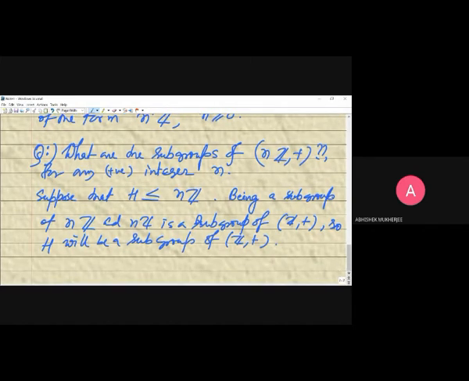And being a subgroup of Z plus, this turns out to be of the form n naught Z, right? Since H is a subgroup of Z plus, H will be some NZ, right? For some n naught greater than or equal to 0.